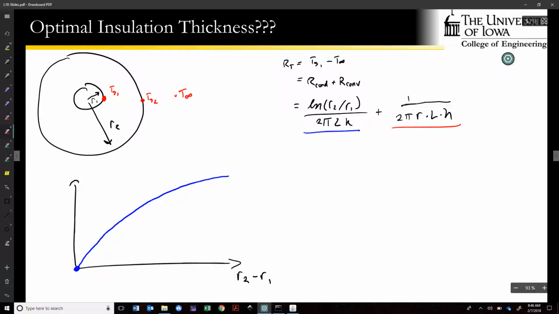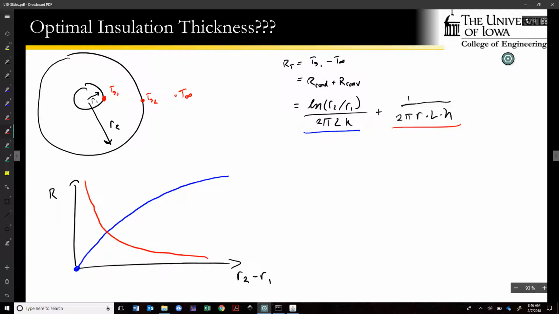This convective heat transfer resistance, however, has R on the bottom, so it's going to behave as sort of a 1 over x behavior. I should say that this is going to be resistance. So this is going to look like this.